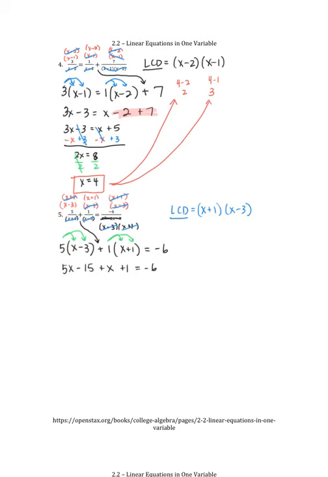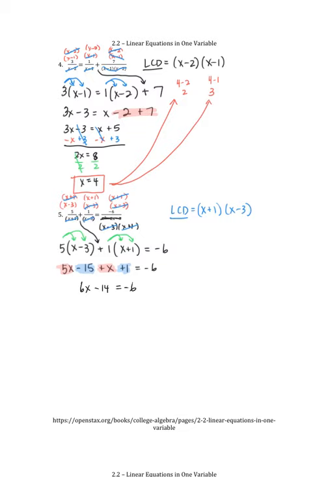So we have 5x and positive x, so those are like terms. And then we have -15 and positive 1. So those are all on the same side of the equal sign. So I'm going to just simply combine them together. So 5x plus x is 6x. -15 plus 1 is -14 equals -6.